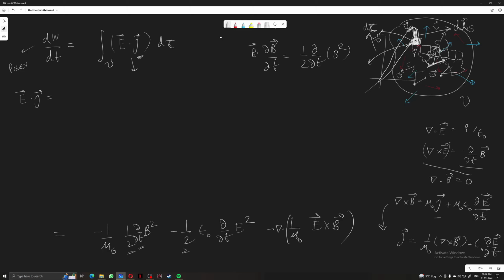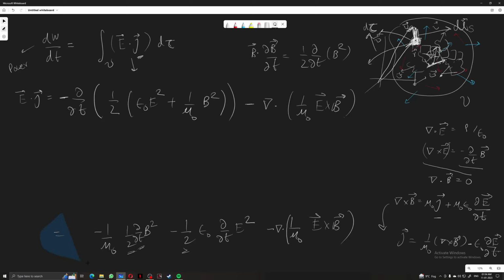So I have minus partial by partial t of half of epsilon naught E square plus 1 over mu naught B square. Then I have minus divergence of 1 over mu naught E cross B. This is our simplified result for this E dot J vector in terms of electric and magnetic fields.